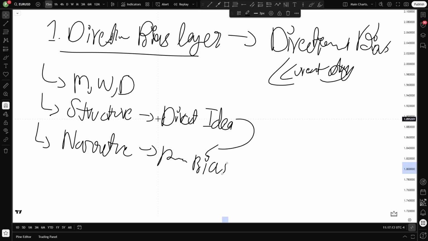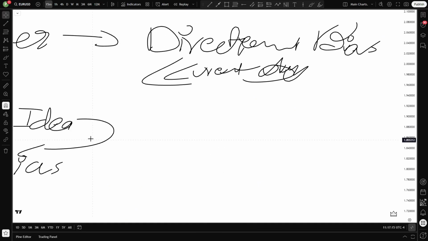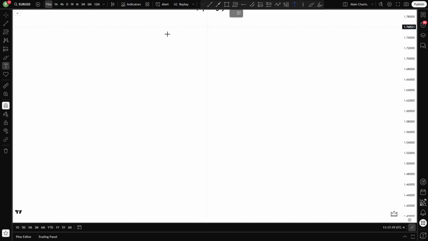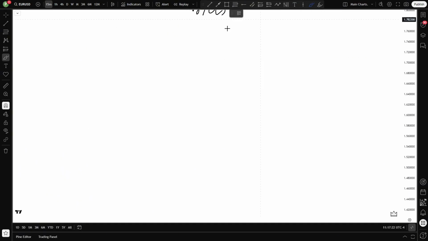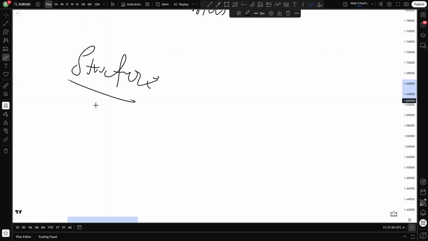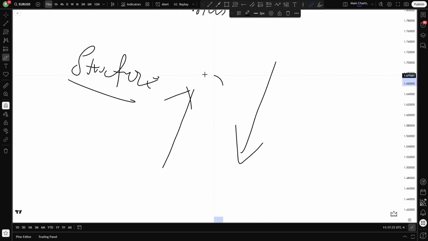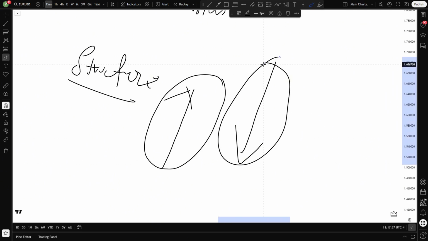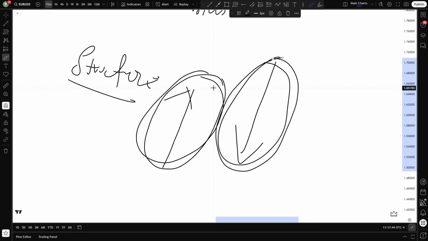Now, what I mean by structure here is, let's first discuss structure. Structure is about figuring out whether the market is going higher or lower, whether the market is in a bullish trend or a bearish trend, whether we are going to have a bullish range expansion or a bearish range expansion.